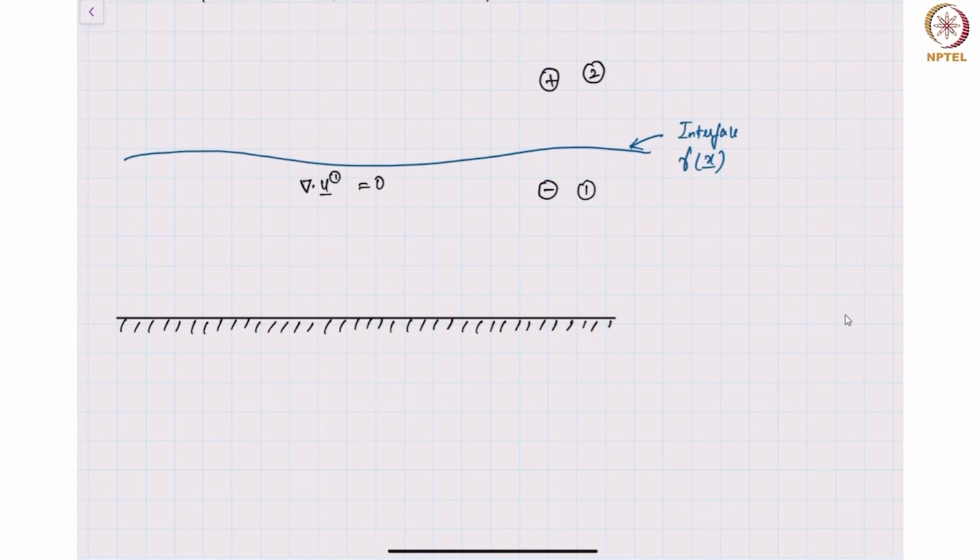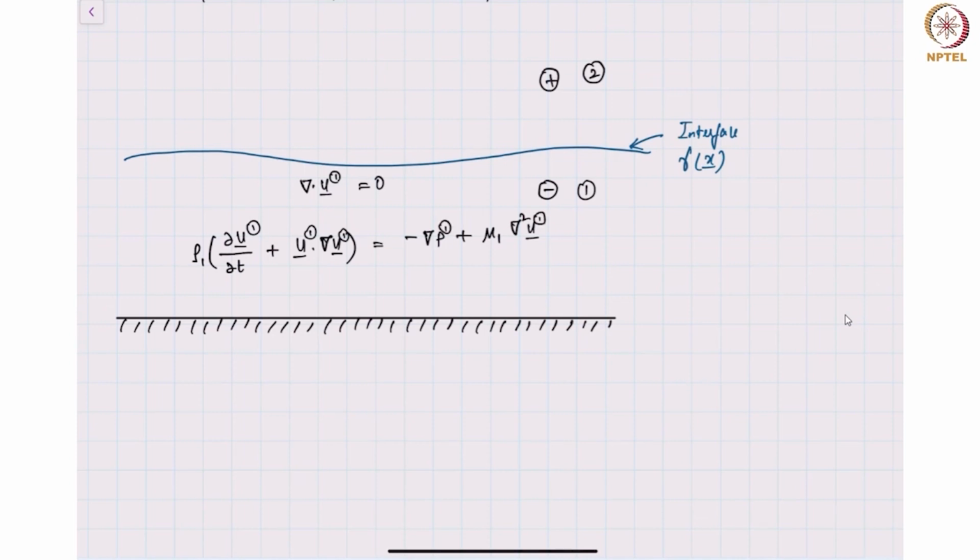And we have the Navier-Stokes equation for the momentum equation, that is rho 1 times del u by del t plus, that's a convective term, the pressure term, and the viscous term. So here the viscosity is mu 1 and there is a density rho 1. And the velocities are all for fluid 1, so we'll put a superscript 1. And this pressure is also for fluid 1.